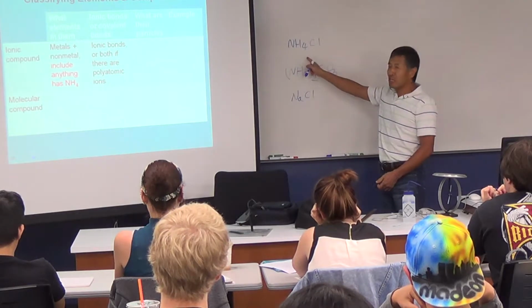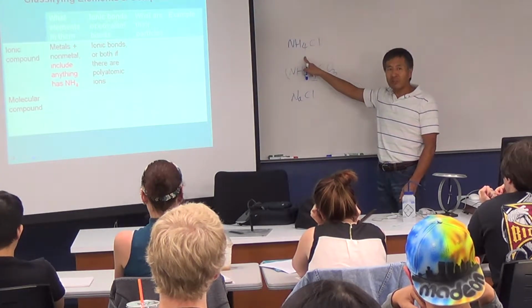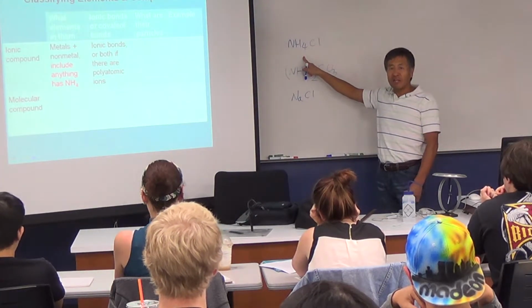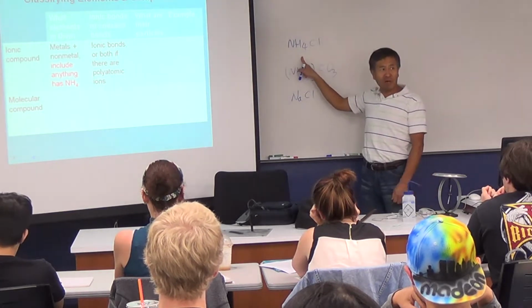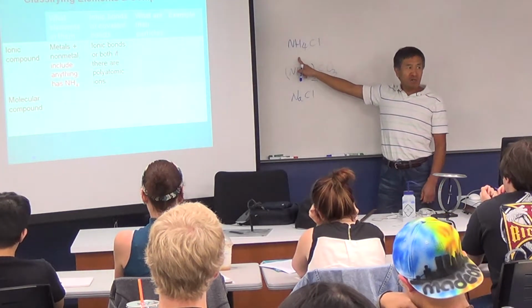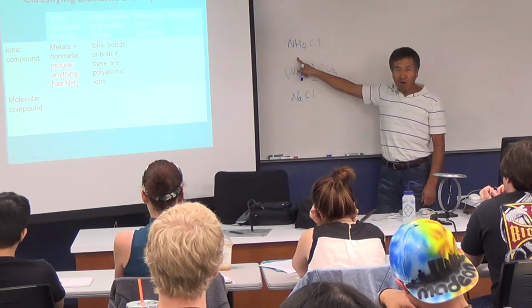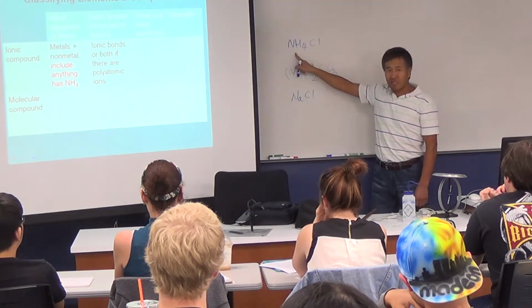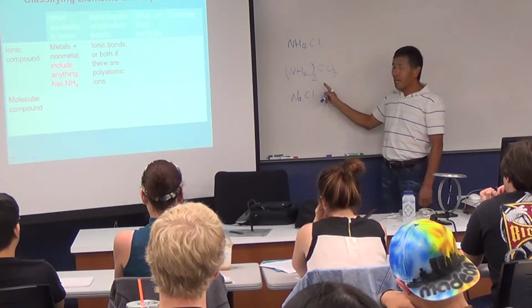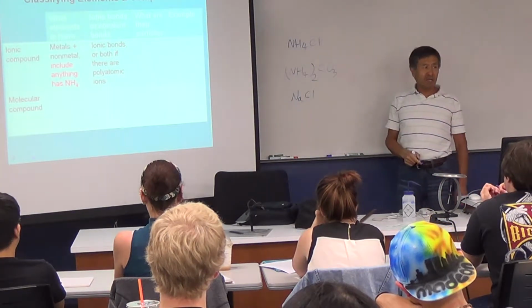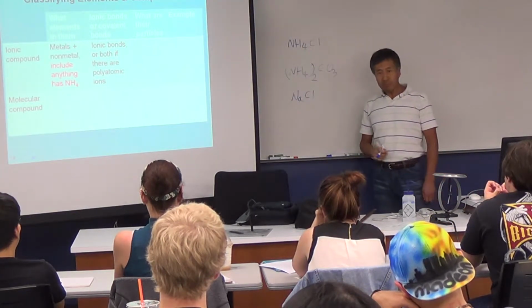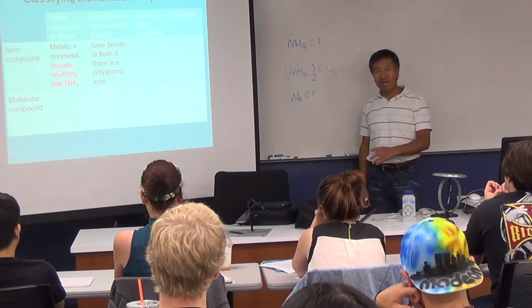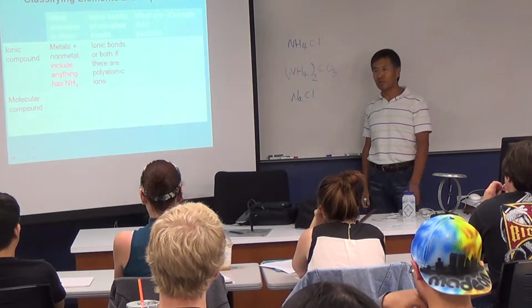If the ions in your ionic compound are monoatomic ions, then you will only have the ionic bond. If the ions in your ionic compound are polyatomic ions, then as long as you have those polyatomic ions, you know you not only have those ionic bonds, you also have the covalent bond.